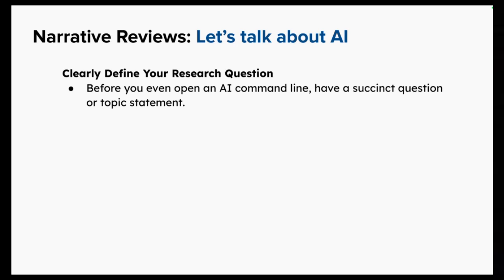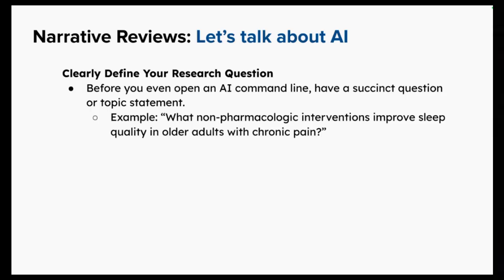So before you even open that AI command line, have a good idea of your research question. You don't just want to think, oh, I'm interested in looking at health equity for seniors who are undergoing, I don't know, clinical treatment for dementia or something like that. You want a really solid, specific question that you're going to jump in with.